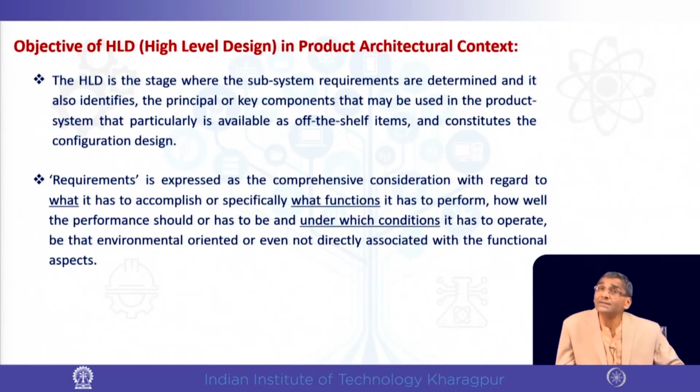And the more standard components we use in the product, the better, because they are proven, they are time tested. So, as we can have more such standard components in the product, its reliability will be high, and robustness also will be influenced in a positive way.